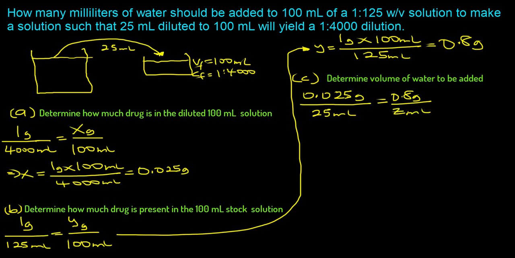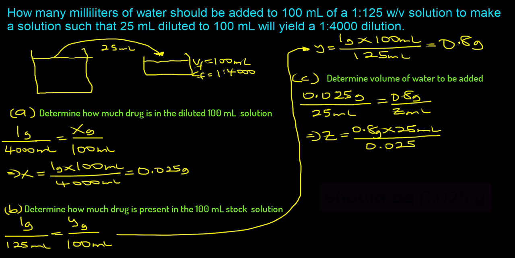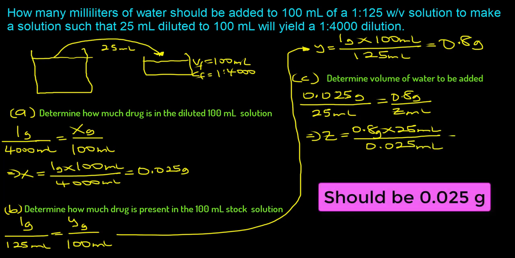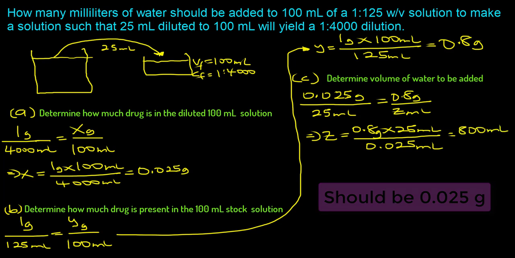So this Z mL represents the total volume of the original mixture from which we took out the 25 milliliters. So we can go ahead and solve for Z, and Z is going to be equal to 0.8 grams times 25 milliliters divided by 0.025 milliliters, and that gives us 800 milliliters.